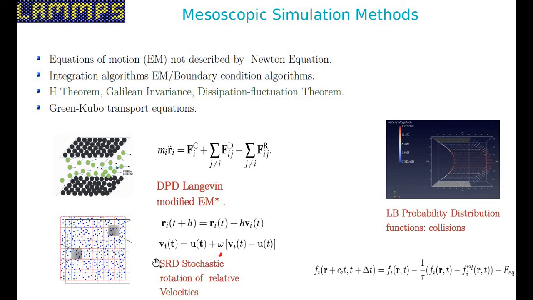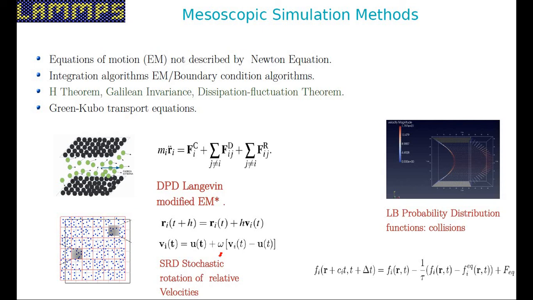Then we have the stochastic rotational dynamics, where a stochastic rotation of relative velocities is implemented to simulate the collisions. So the particles are placed in a lattice or in a mesh.